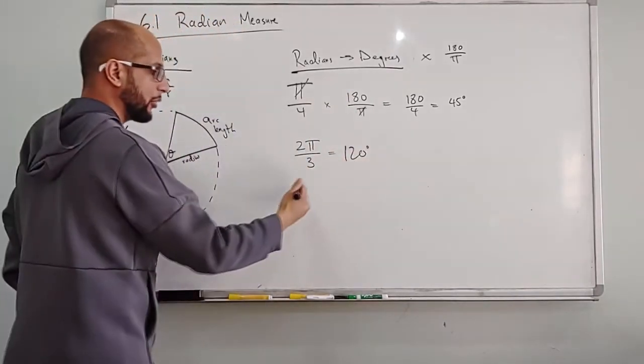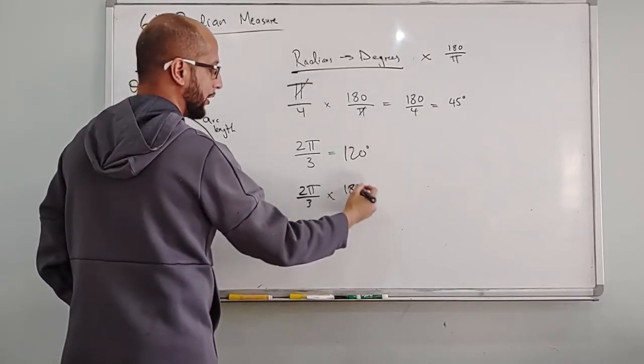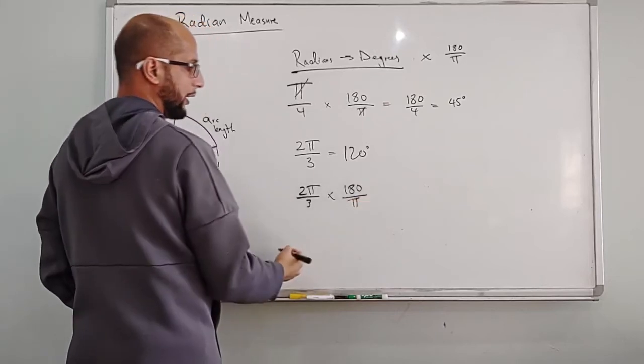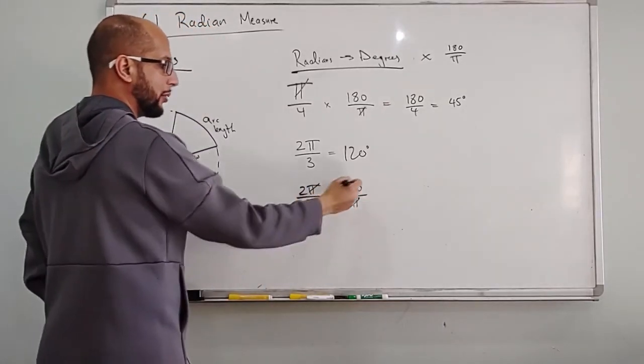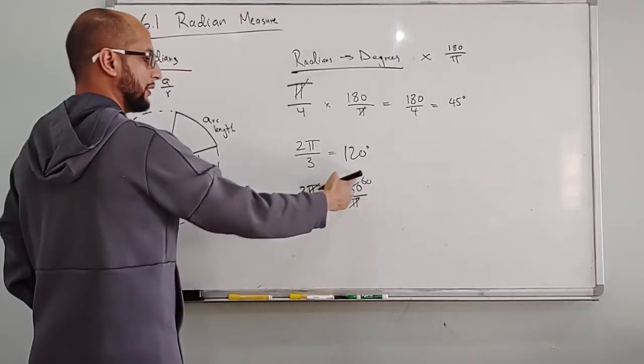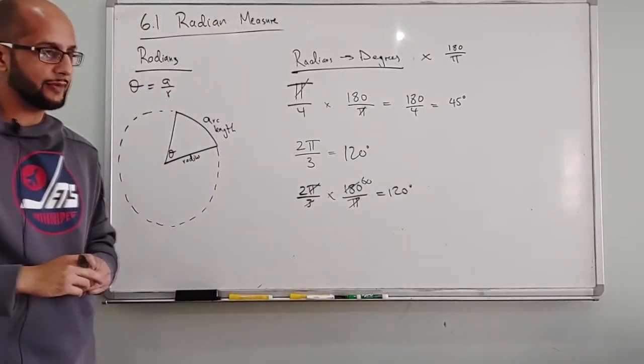Again, if you were to do it this way, you multiply it by 180 over pi. The pi's cancel out. Take 180 divided into 3 parts. That would be 60, and then 60 multiplied by 2 is 120 degrees.